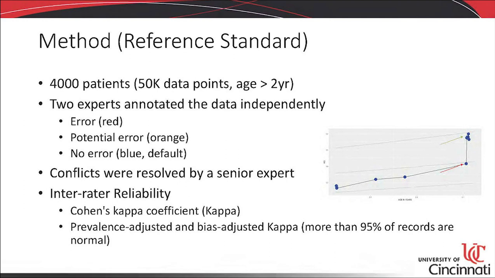And then two people read it independently, and any discrepancy is resolved by a third expert, which is Andy. And then we report two different kappas, because there's an adjusted kappa for a data set that is very skewed. In this case, it's very skewed because only 0.5% of the weight values are potentially erroneous.